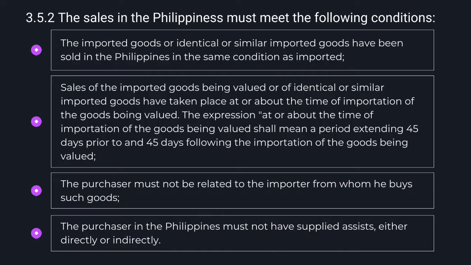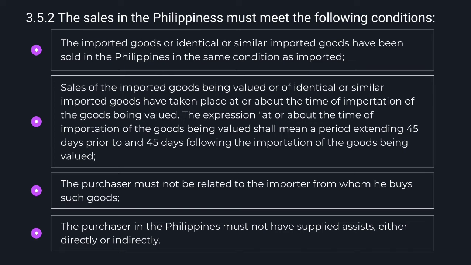Here are the requirements that must be met. First, sales in the Philippines. It means that imported products or identical or comparable imported items were sold in the Philippines in the same condition as when they were imported.